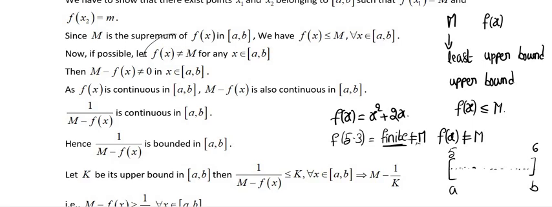Therefore, M minus f of x is a continuous function. Whenever M minus f of x is continuous, we can say that 1 by M minus f of x is continuous in the closed interval [a, b]. Why? Because 1 is a real number, which is a continuous function, and the denominator is already a continuous function.